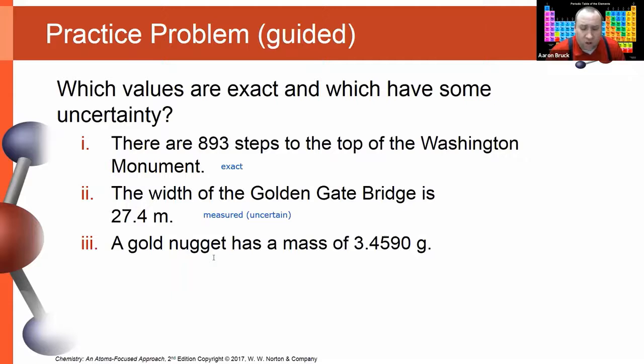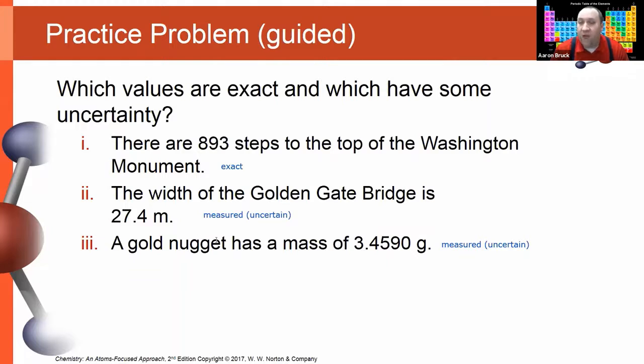The third one, a gold nugget has a mass of 3.4590 grams. Now, this level of precision, 4 decimal places, that sounds really, really great. Understand, this is still a measured value. Now, our level of certainty in terms of the mass of that gold nugget is far more certain than our measurement of how wide the Golden Gate Bridge is.